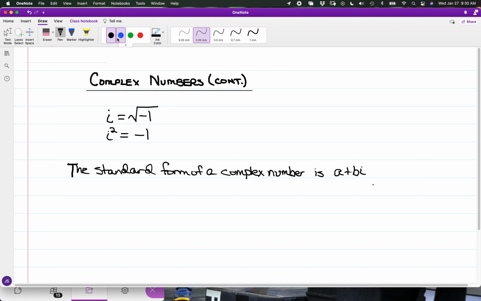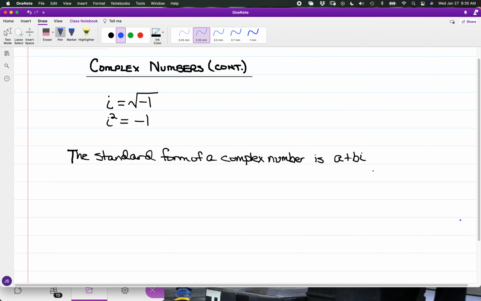And some things I do want to mention about complex numbers. If you're working with radicals that are even roots, or in this case, square roots of negative numbers, and you're looking at adding, multiplying, dividing, subtracting, you want to write the terms that are presented as square roots of negatives in terms of the letter i.